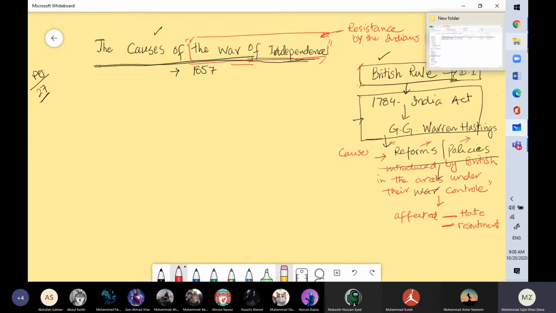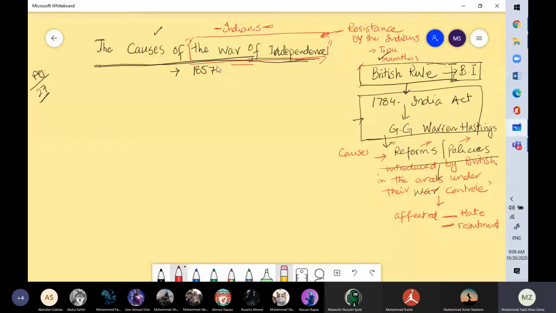And there we usually use the name of a person, like Tipu, or Nawab Sirajuddaula, or we talk of a community like the Marathas. Here we are using the word Indians. So this was comparatively larger resistance, and this was by the Indians, across religions, Hindus, Sikhs, Muslims, and across communities.